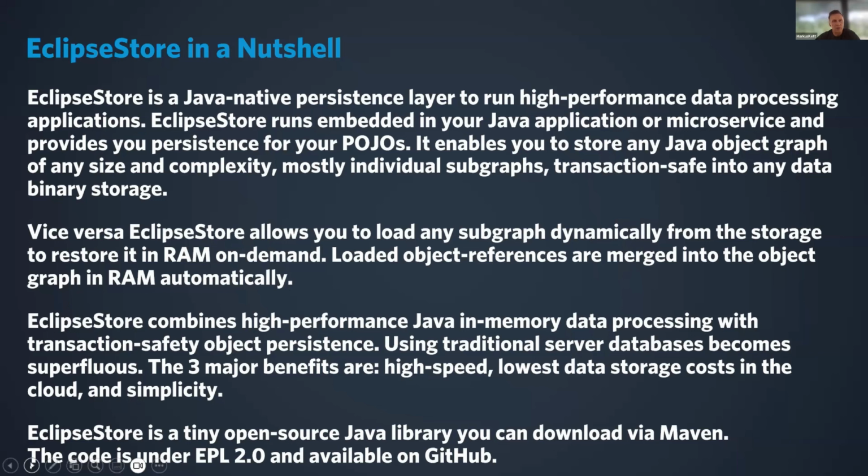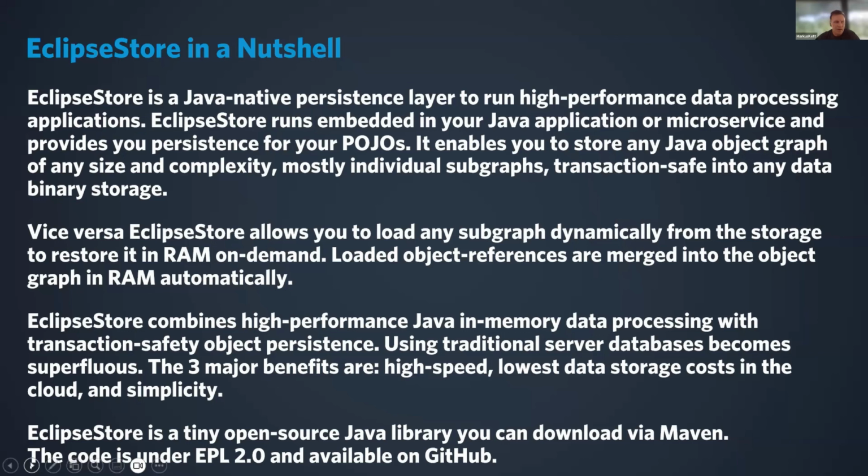So you can load again the whole database into memory, if you have enough memory, then you can do that. But this is super important to mention. This is not mandatory. So you don't have to load the whole database in your memory. Mostly you will load only object references, only subgraphs will be loaded and restored in memory on demand.